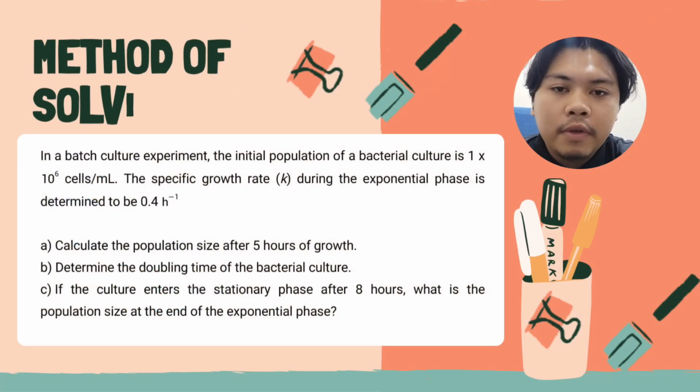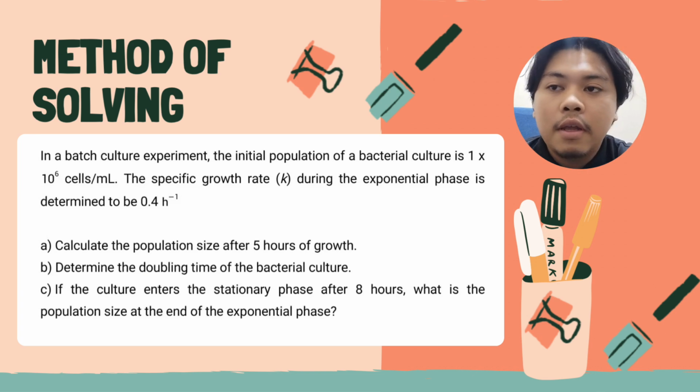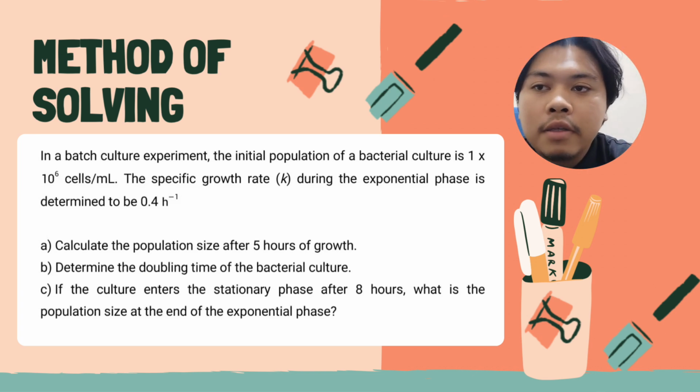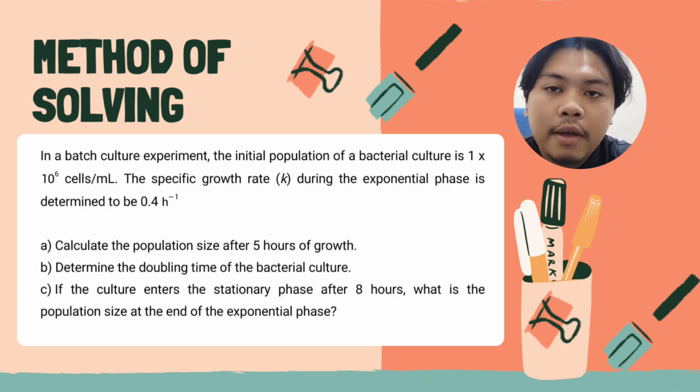For the method of solving, here is an example question. In a batch culture experiment, the initial population of a bacterial culture is 1 × 10^6 cells per milliliter.